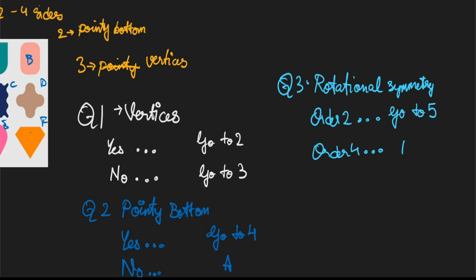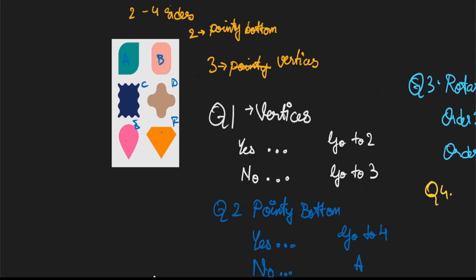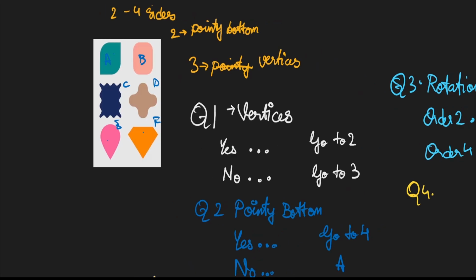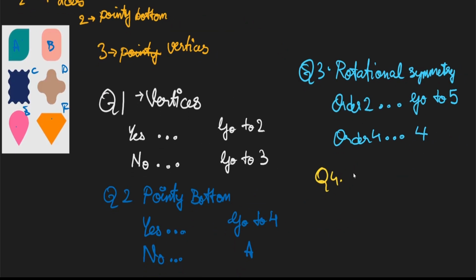So, we are trying to differentiate between shape E and shape F. So shape E has only one vertex. Shape F has more than one vertex. So let's have that as our question.